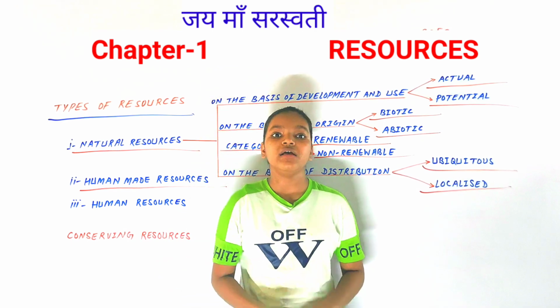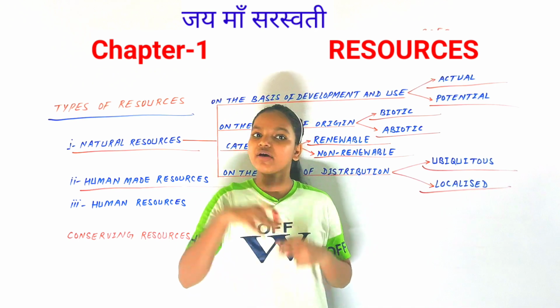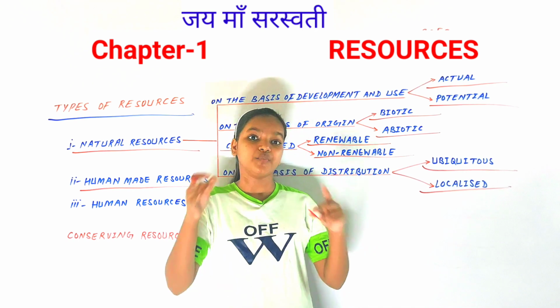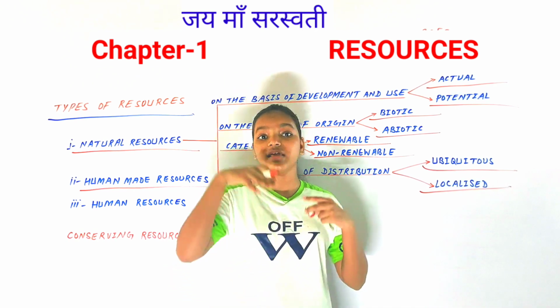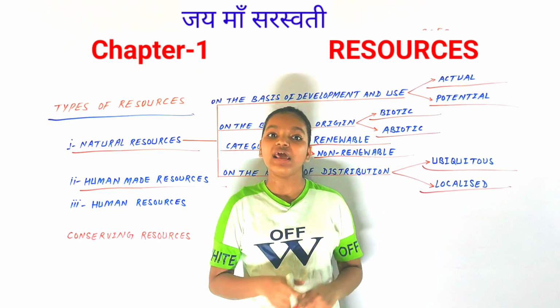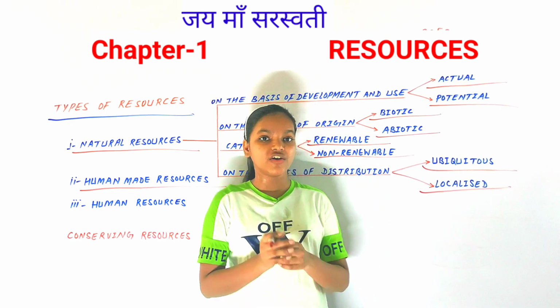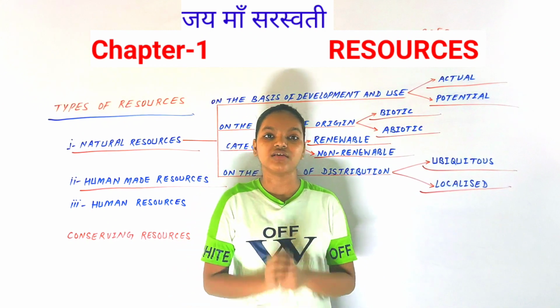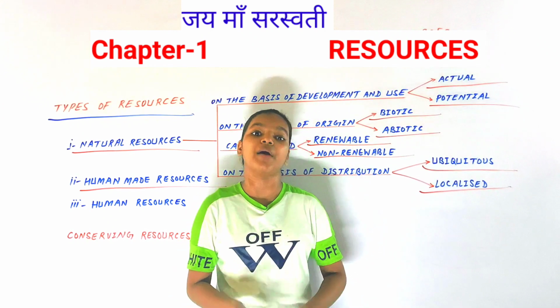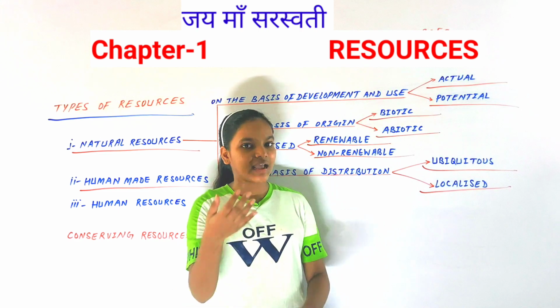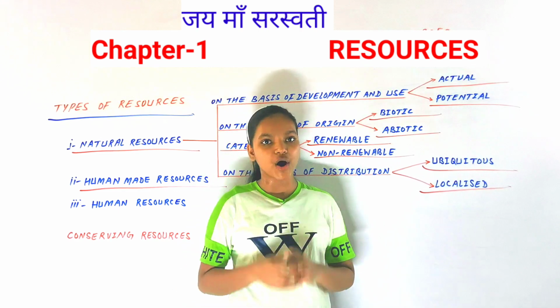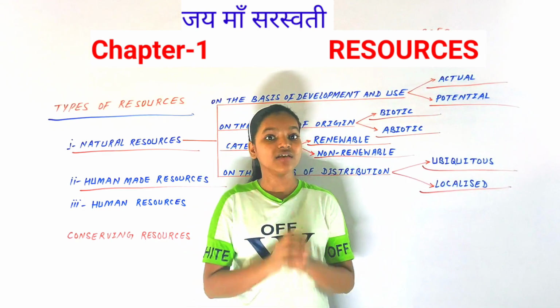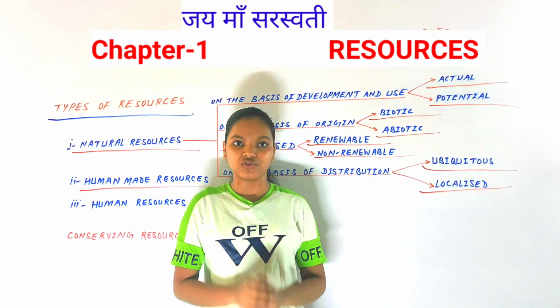Earlier they were natural resources, but at present they have been modified by humans, and those are called human-made resources. So human-made resources are those made by us, by people, and technology is one of the most important examples.